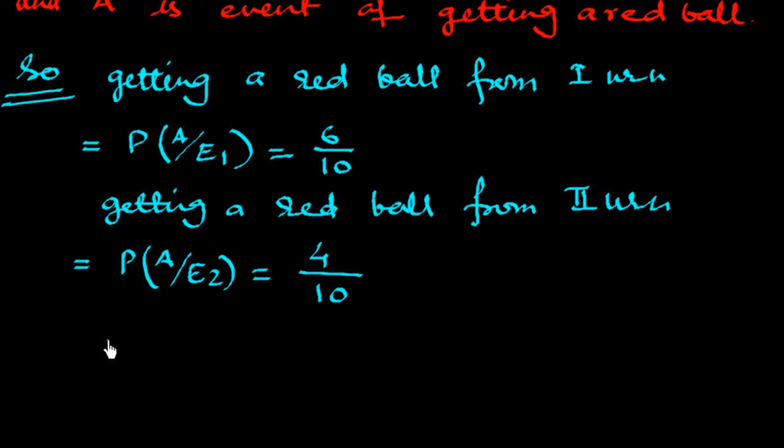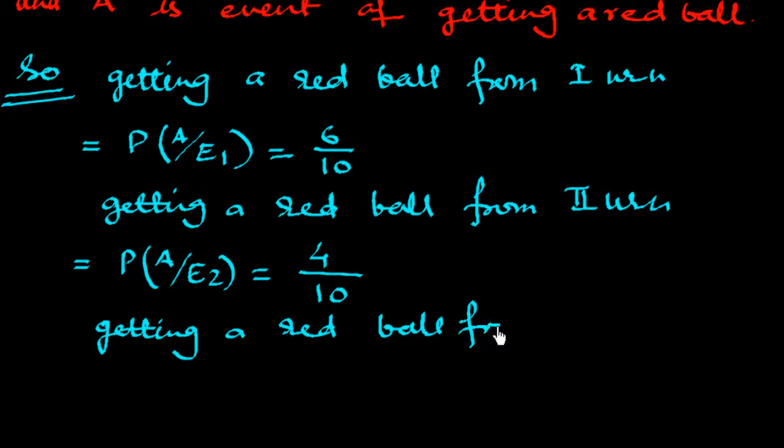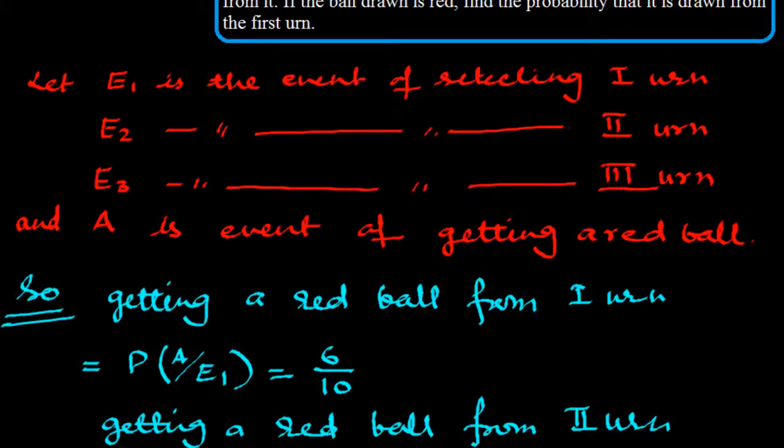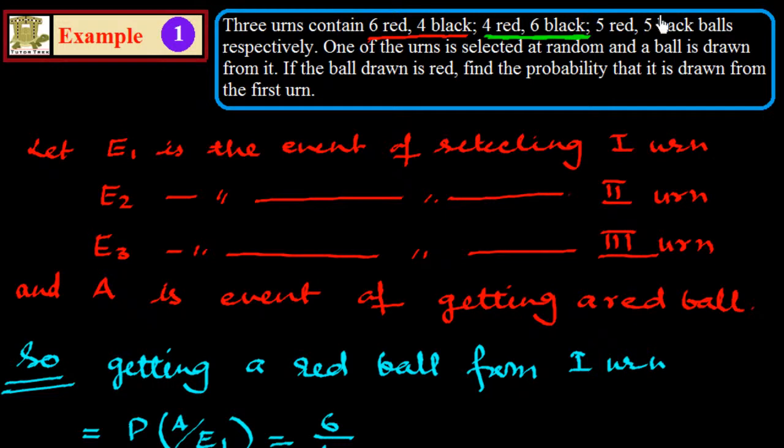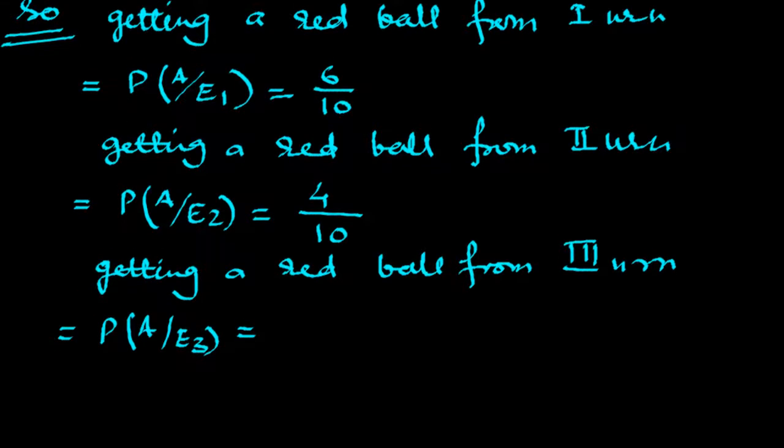And getting a red ball from the third urn is equal to P of A given E3. In the third urn we have 5 red and 5 black balls, so we have 5 favorable outcomes and 10 total outcomes. Here we get 5 over 10.